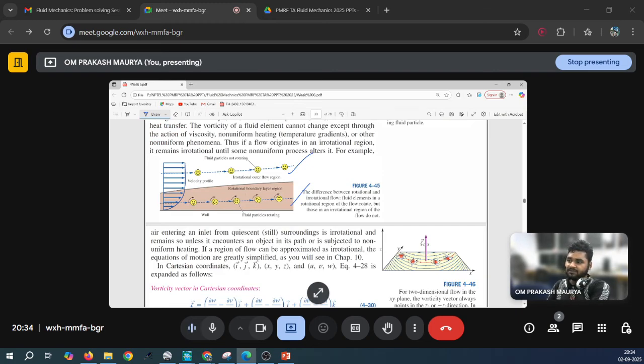As you can see, the face is here, now the face is turned like that, now turned like this, so this is a rotating fluid element. This is not, this is irrotational. How? As you can see here, within the boundary layer, just out of our discussion, your fluid is rotating, and above the boundary layer the flow is irrotational.